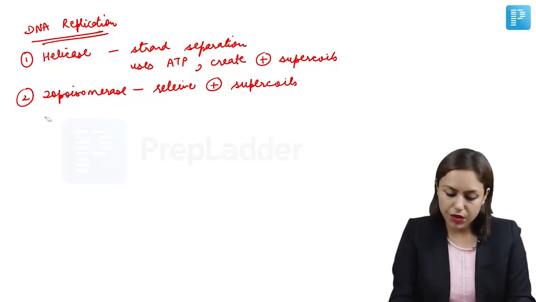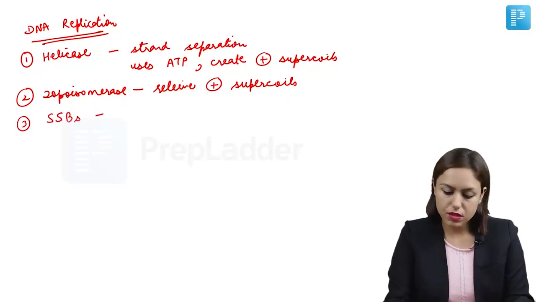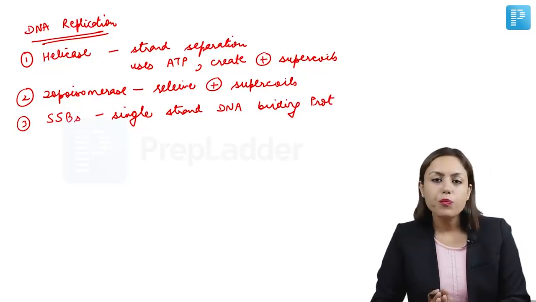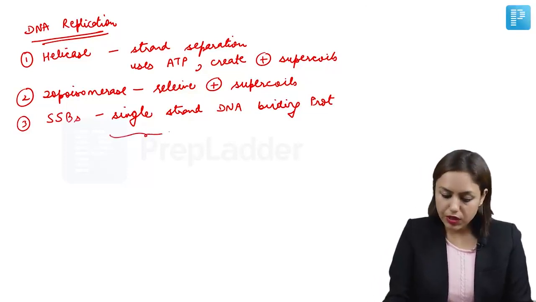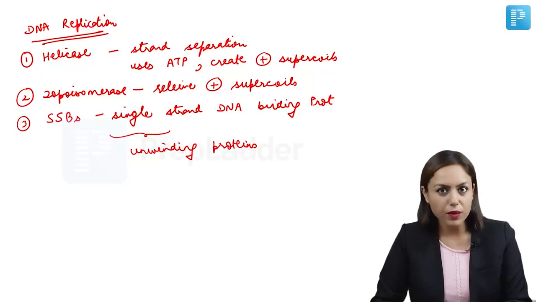Then, the third enzyme is single strand DNA binding proteins. They prevent re-annealing of the two strands, right? So, these three together are called unwinding proteins. They do the work of unwinding the two DNA strands, right? So, unwinding work is done.